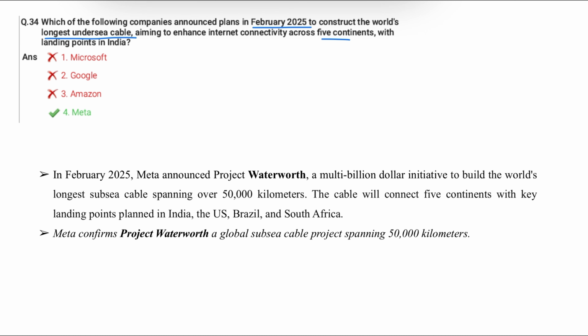In February 2025, Meta announced Project Waterworth, a multi-billion-dollar initiative to build the world's longest subsea cable spanning over 50,000 kilometers. The cable will connect 5 continents with key landing points planned in India, the US, Brazil, and South Africa. The correct answer is Meta.